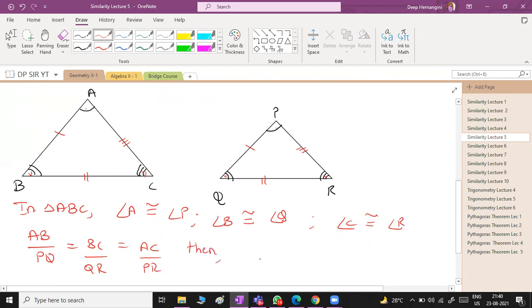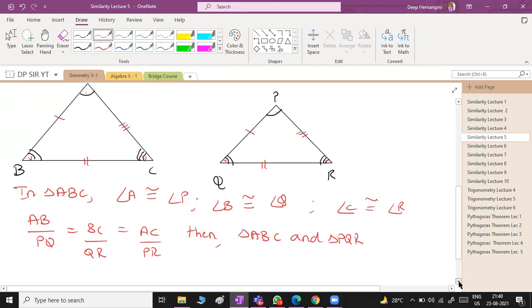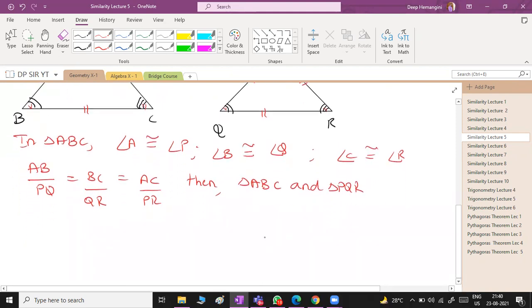Then if all this holds, then triangle ABC and triangle PQR are similar. Okay, so this is what we want to prove, that if all this holds then the triangles can be proved similar.